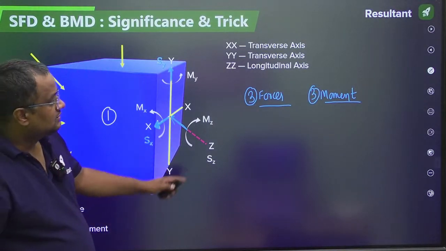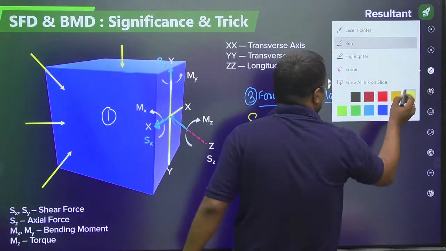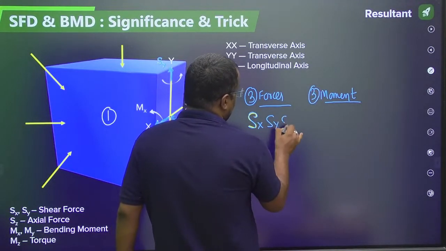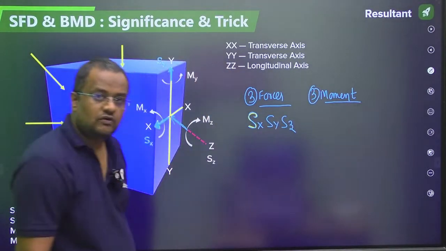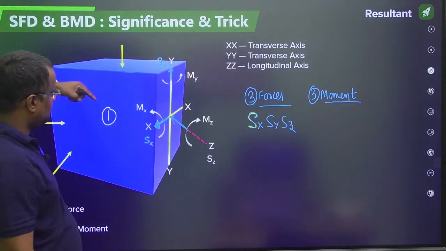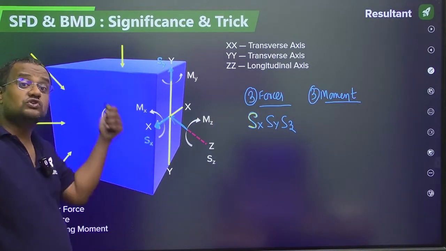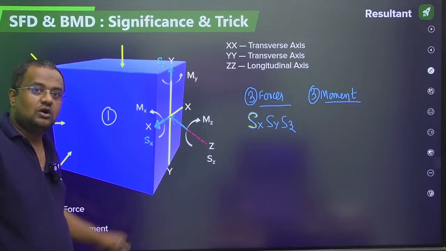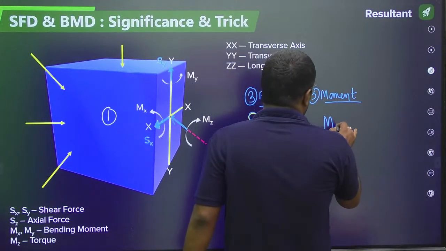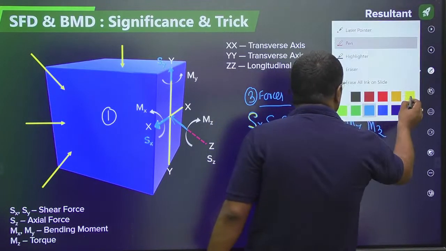So the three internal forces Sx, Sy and Sz should be coming for balancing the net force in the x direction, y direction and z direction. Whatever moments these forces produce, or other moments, for balancing them, the moments mx, my and mz should be coming.